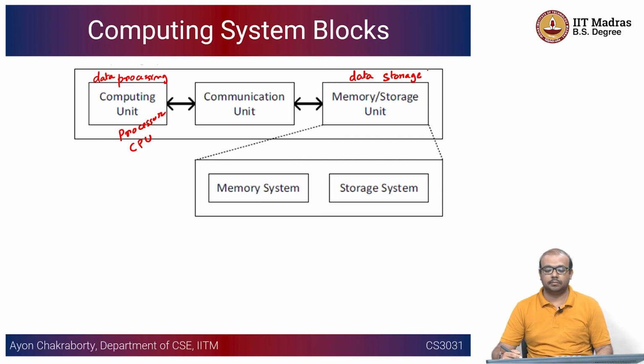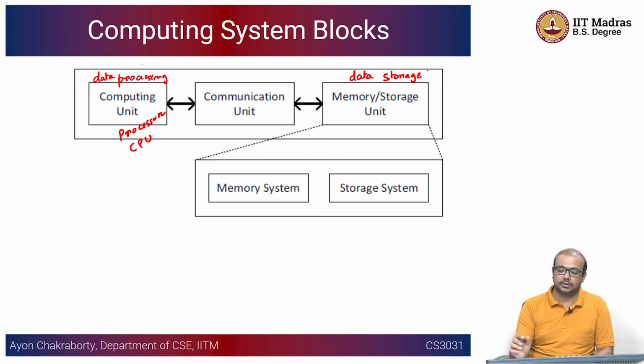There are various levels of such memory systems, and we are going to look into this when we study what entails a memory system. There are registers where data is stored temporarily in the CPU. Or RAM, random access memory, which you have all come across. Whereas a storage system is more like a hard disk, where even if your computer is turned off, the hard disk is not going to lose the content that has been stored.